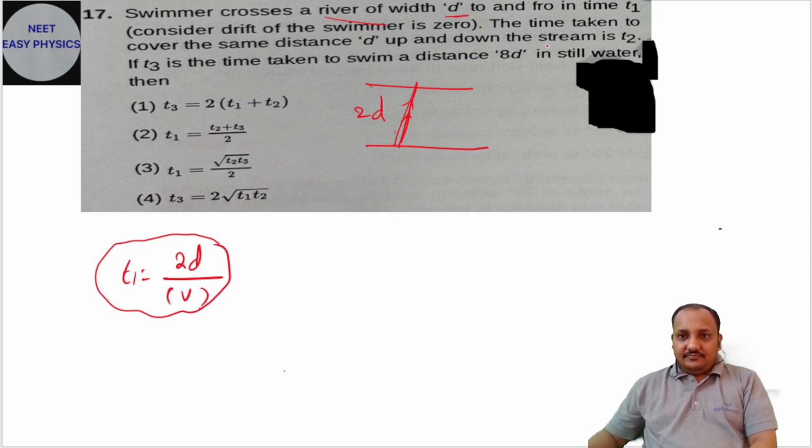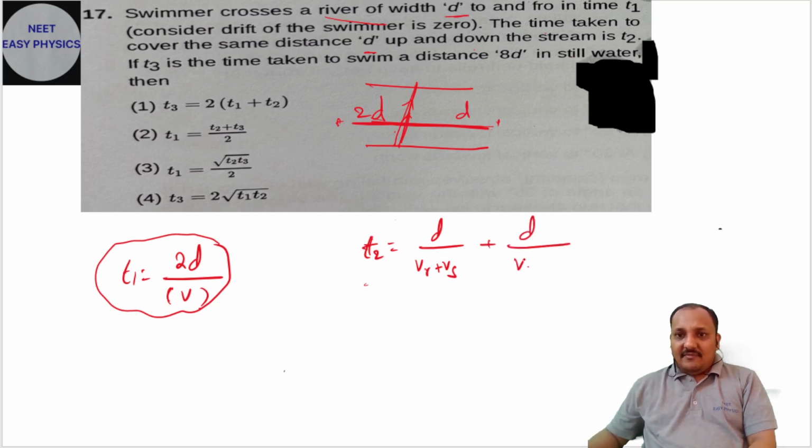Next, the time taken to cover the same distance d up and downstream. Same distance d up and downstream means moving horizontally from one end to another end. Now t2 is going to be: for one direction, distance by velocity of river plus velocity of swimmer, and for the other, velocity of swimmer minus velocity of river.